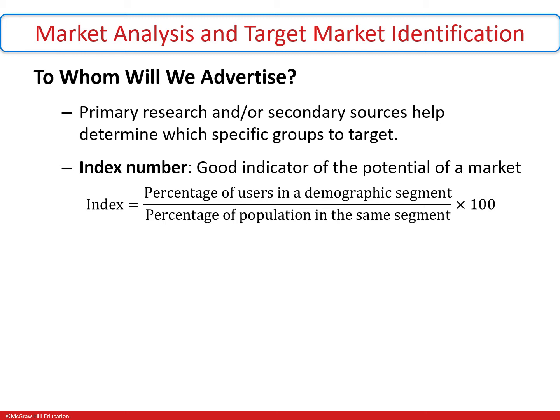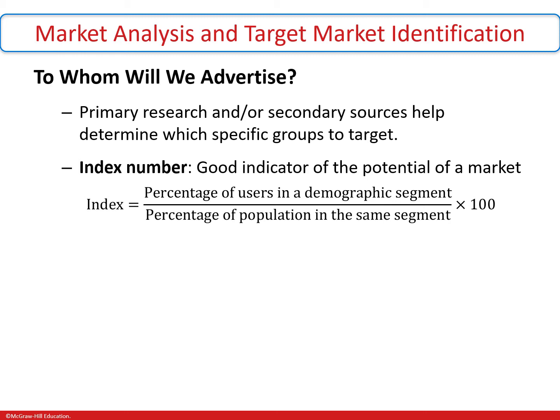Now, one of the things that organizations do in order to really analyze the potential of a market is to determine the index number, and it's a part of the target market identification process, right?